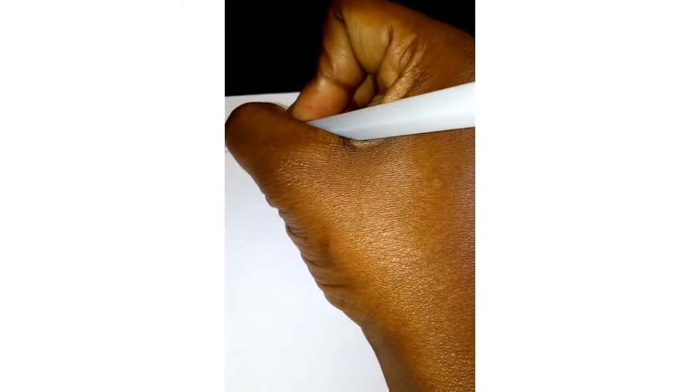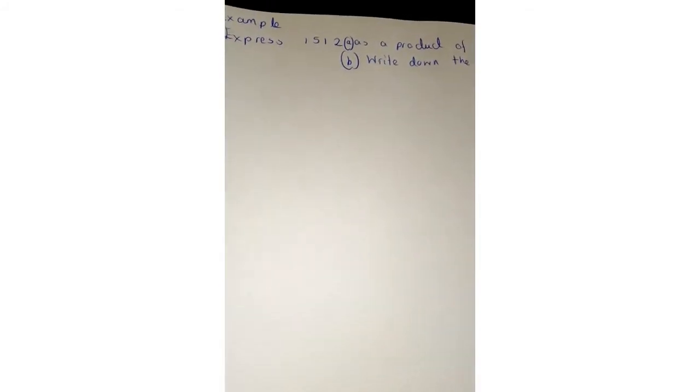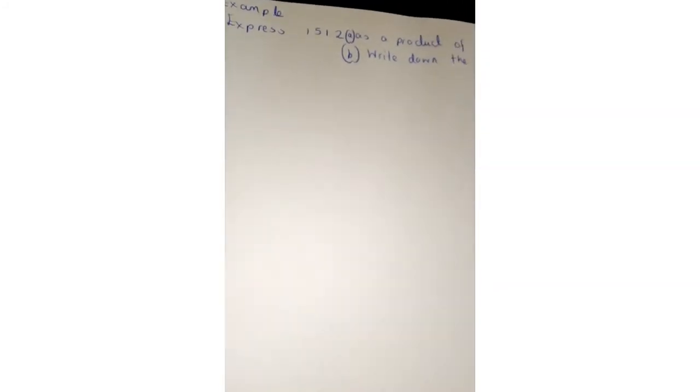This is part A. Then part B: write down the set of prime factors of that number, 1512. Please pause the video and work it out. Then after that, I hope you have carried out the example.